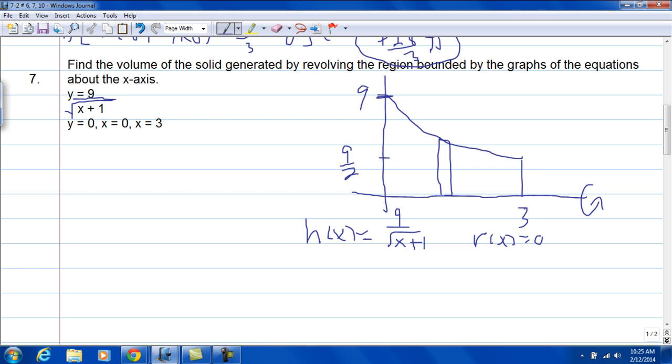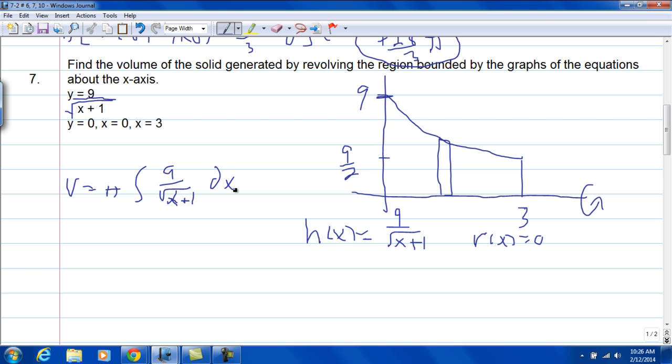So our volume is going to be, it's like a pi r squared, so pi times the integral of 9 over the square root of x plus 1 dx.